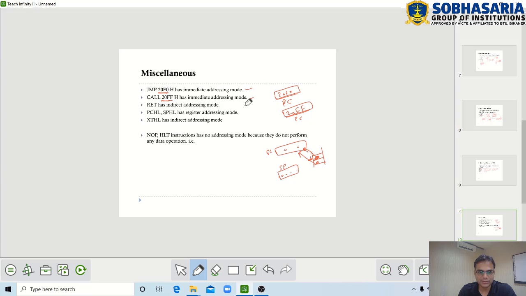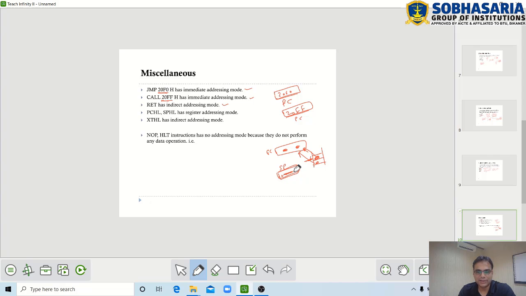So what is the exact operation performed by the RET instruction? The RET instruction loads the program counter with a particular address or data which is available in the stack. And how does the CPU access this data? Through the stack pointer. So this particular address will be available in the stack pointer.